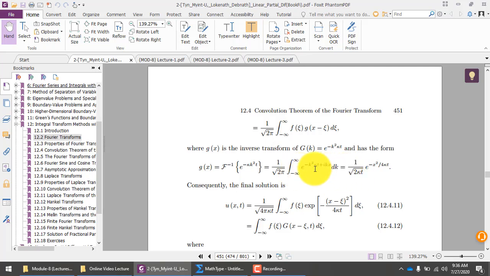So this is actually equal to that. It is your exercise to prove that this is equal to this.